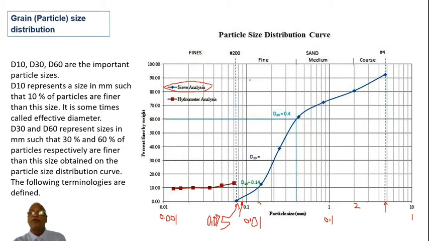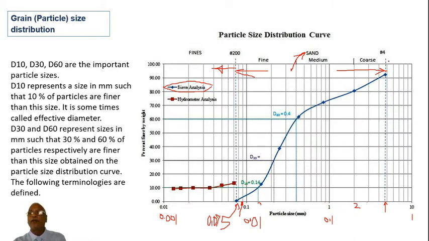The soil lying from this 75 microns to this 4.75 is known as sand. So that is what is written here, right? So this stretch of soil is sand. And if you have particles lesser than this, then we'll call it silt, up to 0.002.